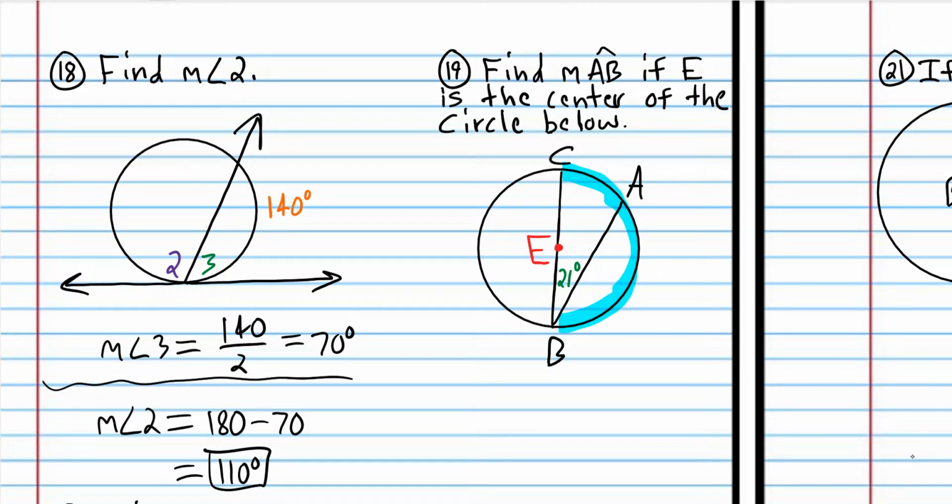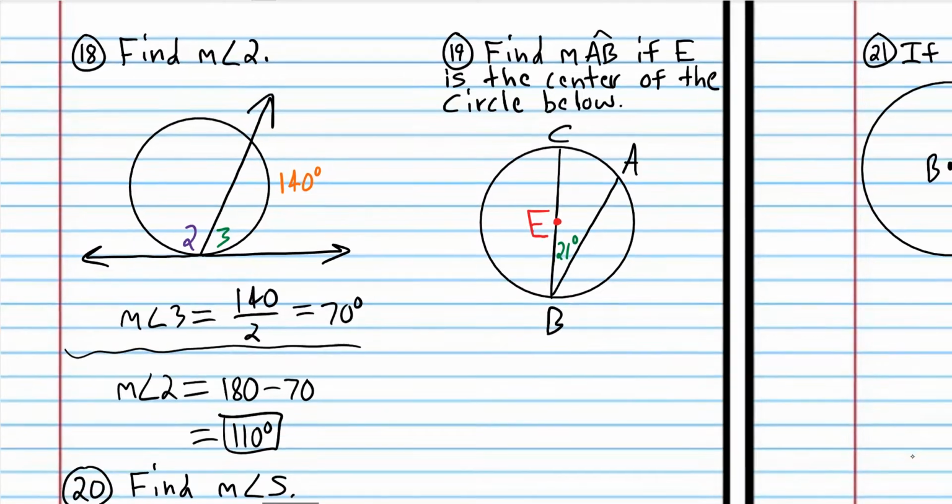So what we're going to do is find this arc measure using the inscribed angle theorem, and then we're just going to subtract that from 180 degrees to find the measure of arc AB. So the measure of arc CA, we're going to do that first. And I should write it a little different way.